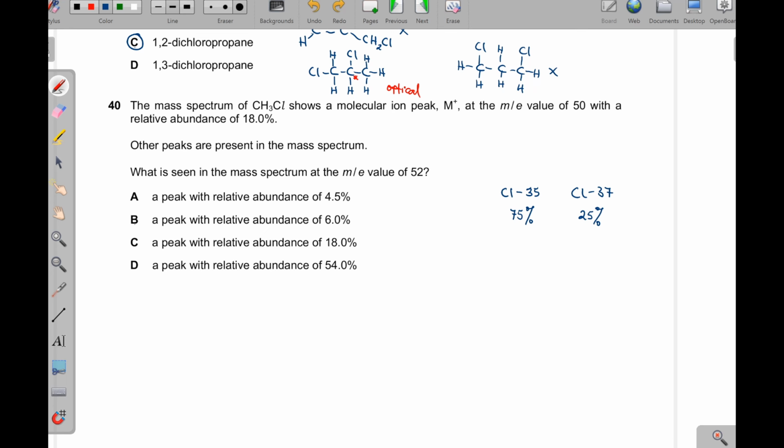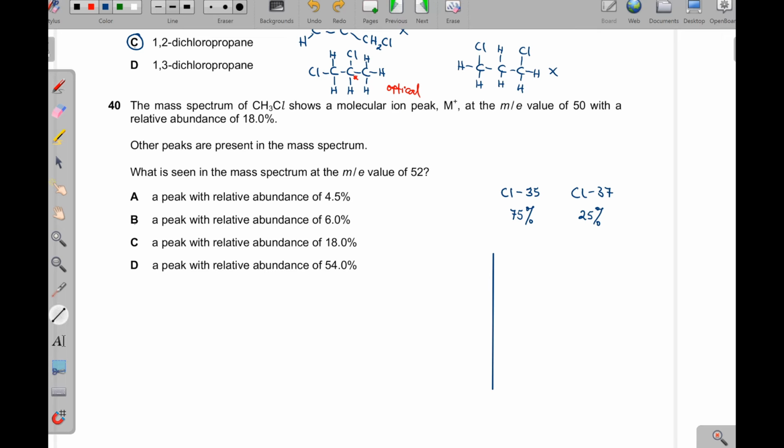So when you are drawing the mass spectrum, we shall get 1 for chlorine 35. When you check what I drew up here, this is 75%, this is 25%. 25 goes into 75 3 times.